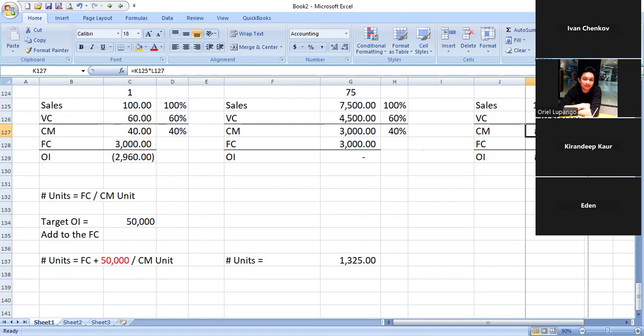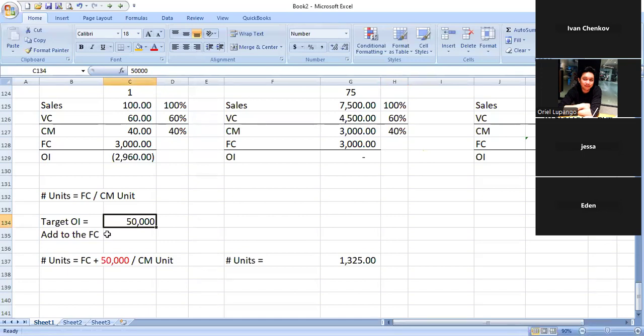Now, how much will be my contribution margin? It will be this one minus that one. It's going to be 53,000. So, did we get what we wanted? Did we get 50,000? Yes, Prof. Yes. So, what's the tricky part here?